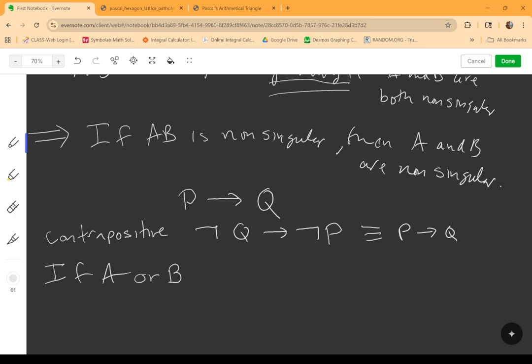The negation of non-singular is singular. So if A or B is singular, and again, keyword there, or, then AB is singular.